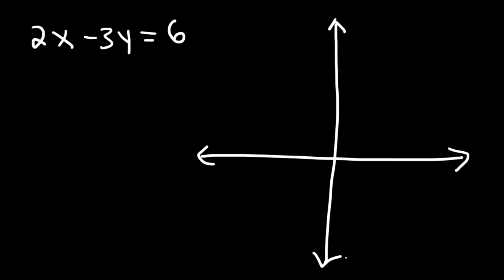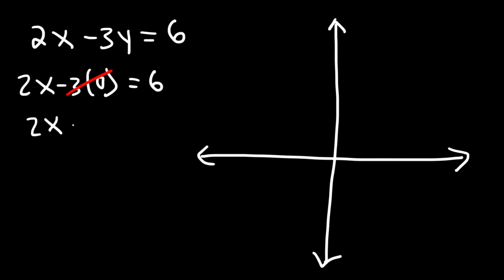To find the x-intercept, replace y with 0. -3 times 0 is 0, so basically this disappears. And then you're left with 2x is equal to 6, and so you need to solve for x. So x is going to be 3.